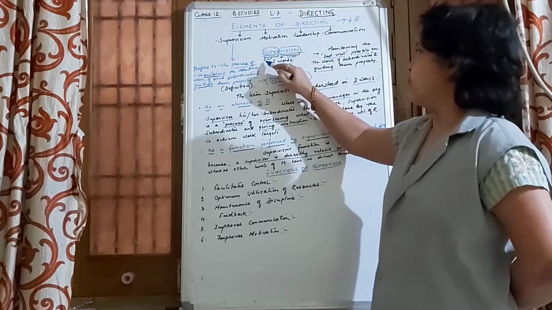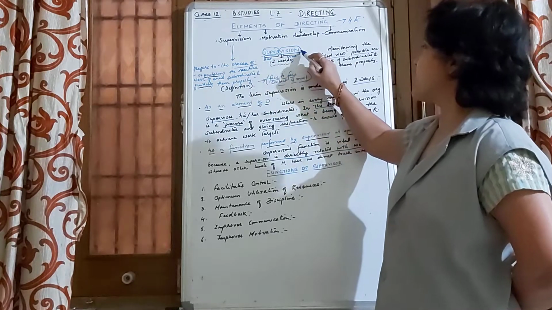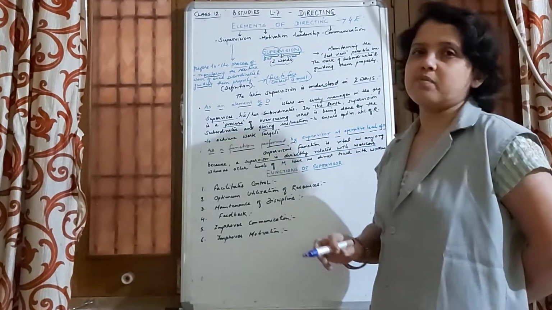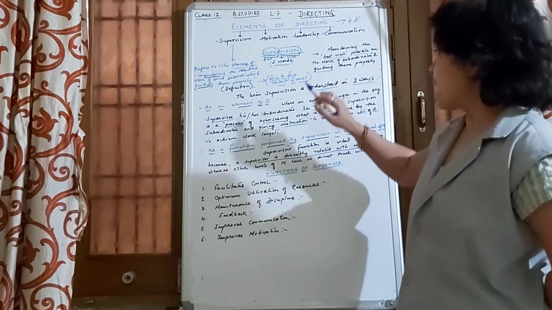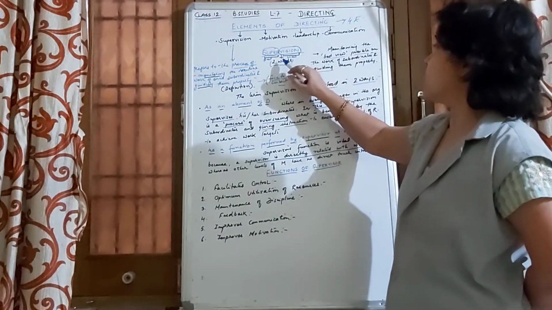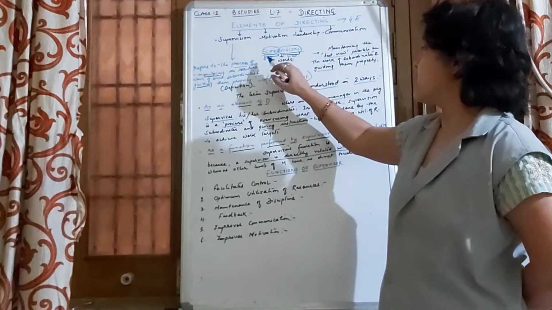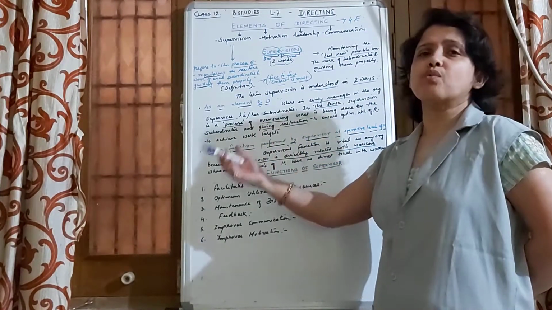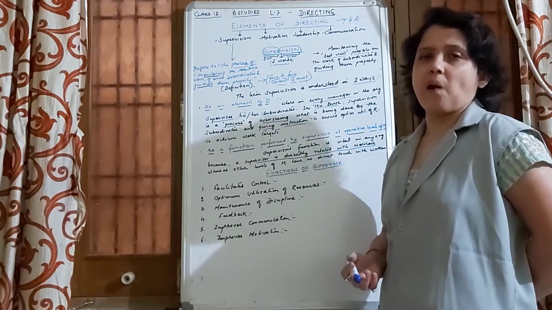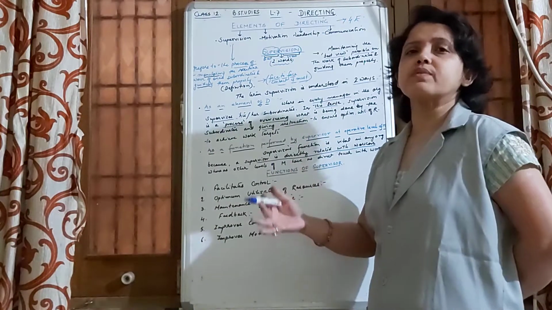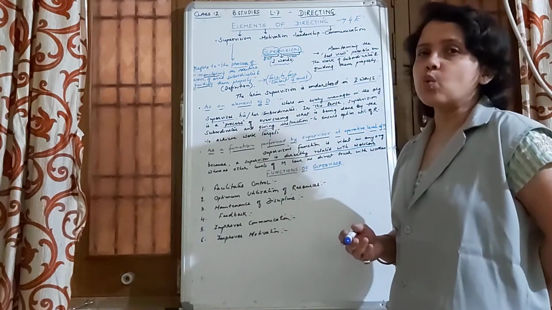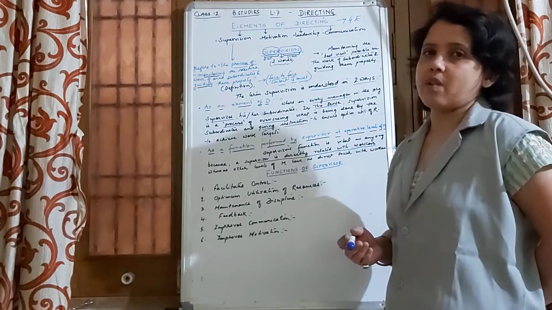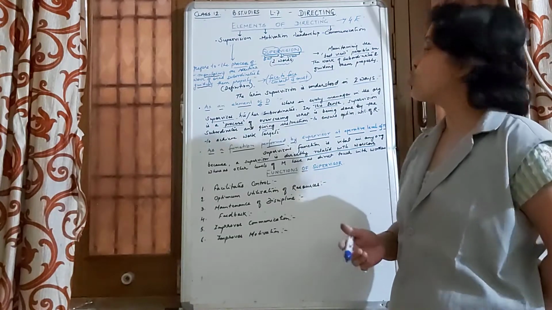Super means best and vision means view. So the exact meaning of the word supervision means best view. Best view of the work, best view of the subordinates who are working under a manager. That is what is supervision.